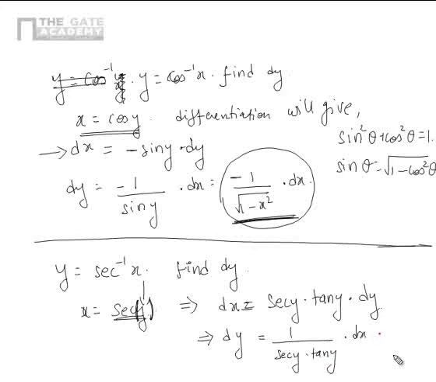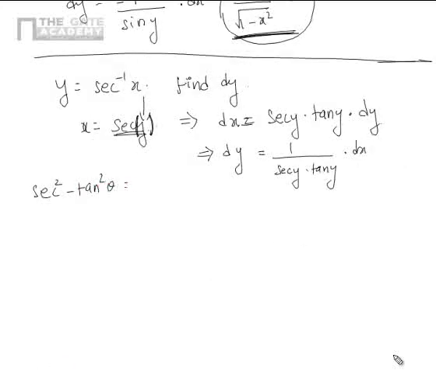Again let us go back to the basics. The basics is sec square theta minus tan square theta equal to 1. So I already know what is secant y. I need to find tan. So sec square theta minus 1 will be tan square theta, and tan theta will be root over sec square theta minus 1.